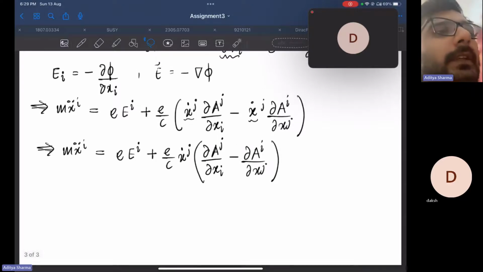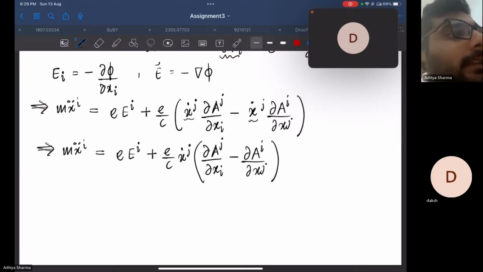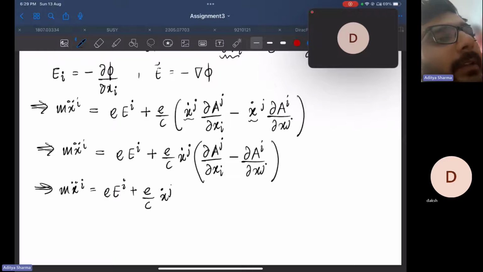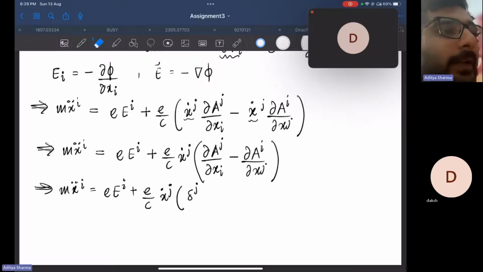So if you see this, I'll write this in a different way, okay? Hello, Daksh, you can follow me, right? Yes, yes. So I will write this term a bit differently. I will write delta_ij. This is Kronecker delta.